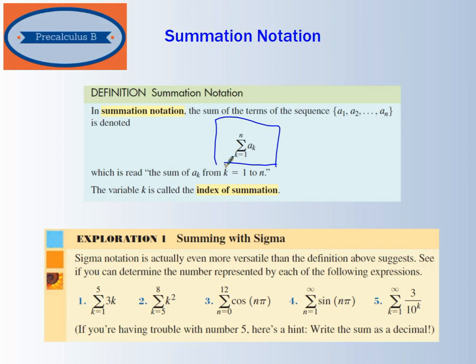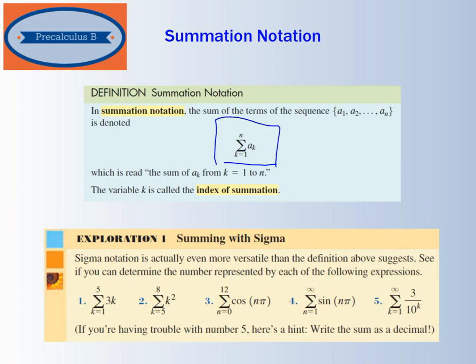Let's take a look at this exploration at the bottom of the screen. I'd like you to start with the first one. We'll do this one together, and then I'm going to have you do 2 through 5 on your own. For the first one, we're saying the sum of 3k from k equals 1 to 5.